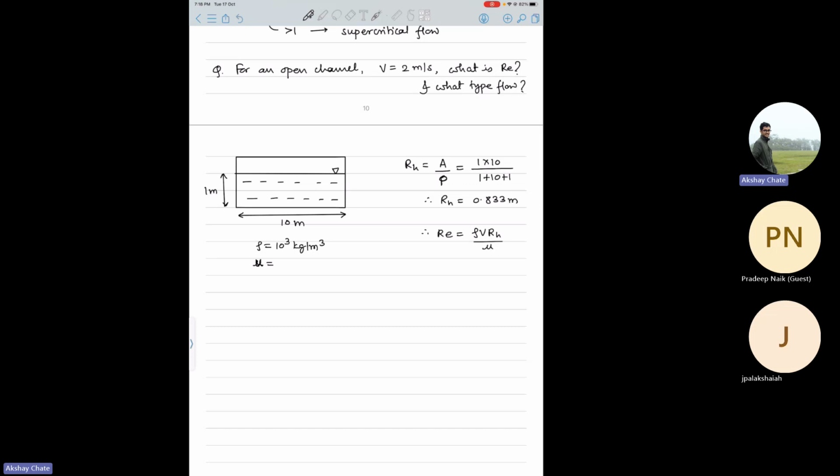I think it is 10 to the power minus 3, but let me check the viscosity of water. Yeah, so roughly we can take it as 10 to the power minus 3 Pascal second.